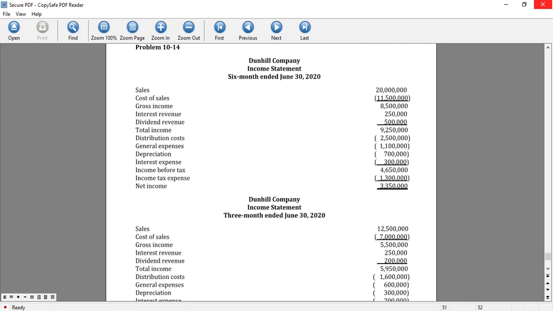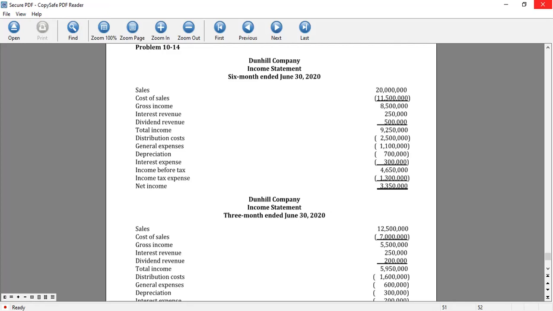So we have the gross profit. We have to start from March 31 first, the beginning of the previous period, or April 1, and now we have to end up to June 30.